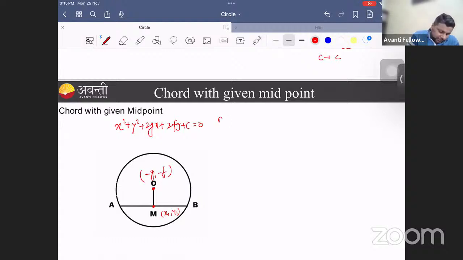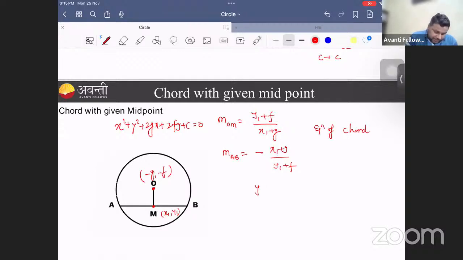So the slope of OM is (y1 plus f) upon (x1 plus g). So the slope of AB is the negative of the reciprocal of this, so minus (x1 plus g) upon (y1 plus f).